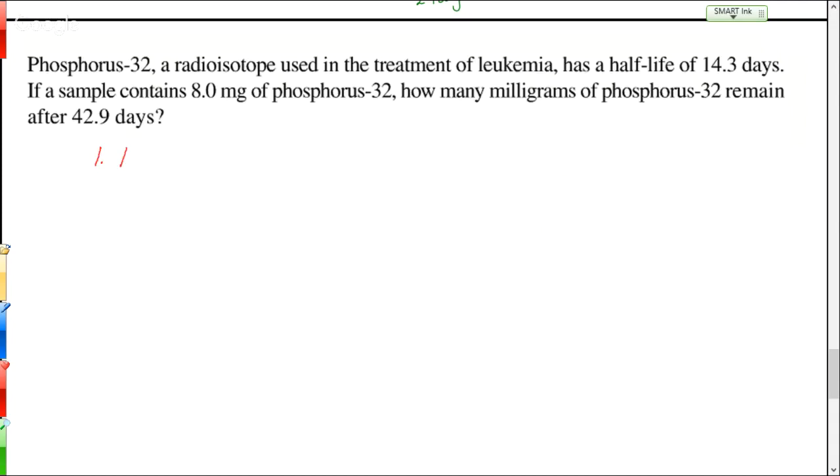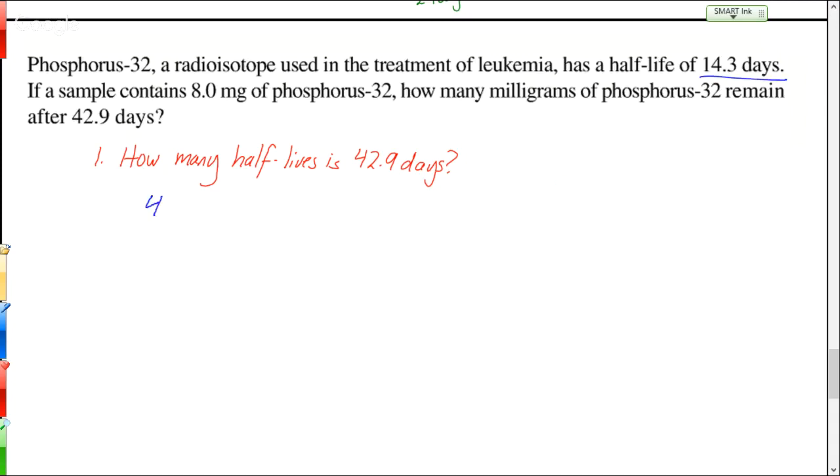All right, so first, how many half-lives is 42.9 days? How do we figure that out? Yeah, each half-life is 14.3 days.